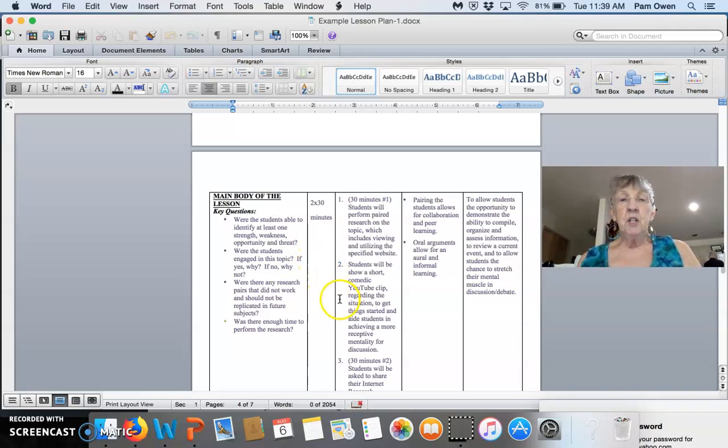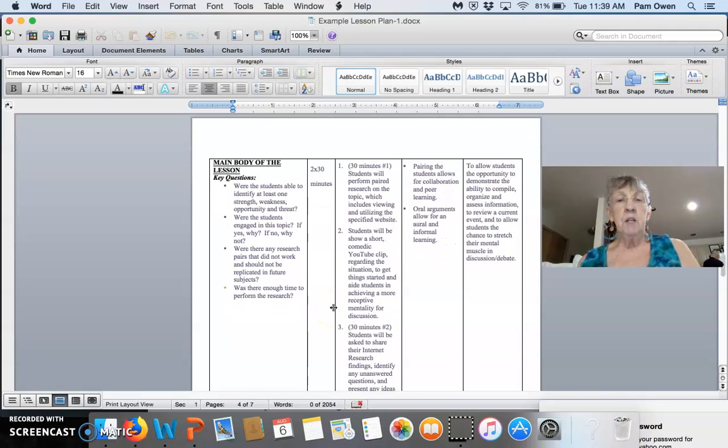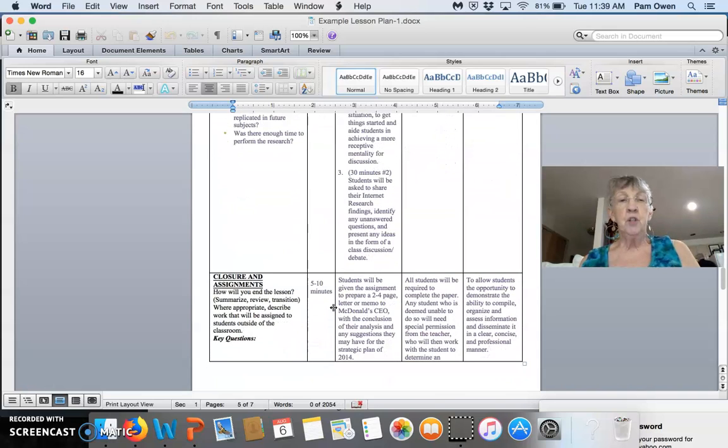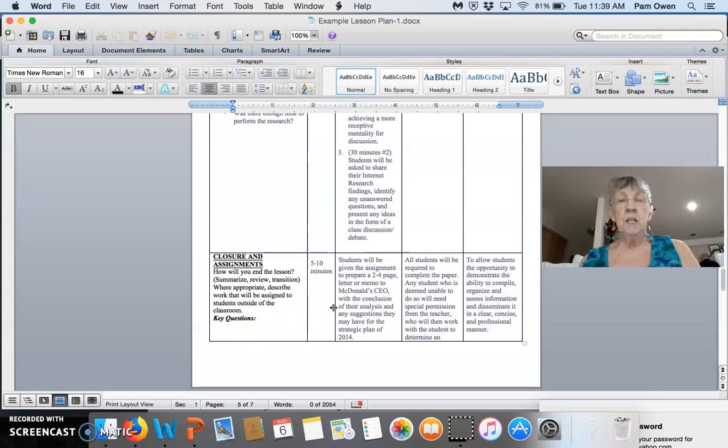So all of that should lead back to the objective and the assessment. So I see all of those internet references that were referred to, and then I see the conclusion about what students are going to do and how it's going to be measured with this assignment.